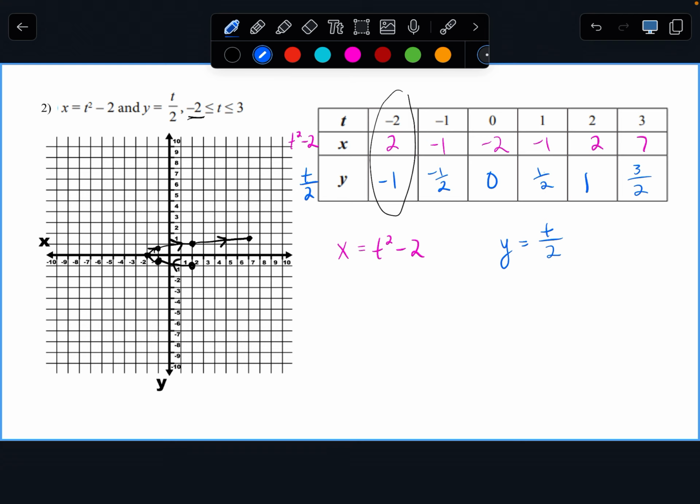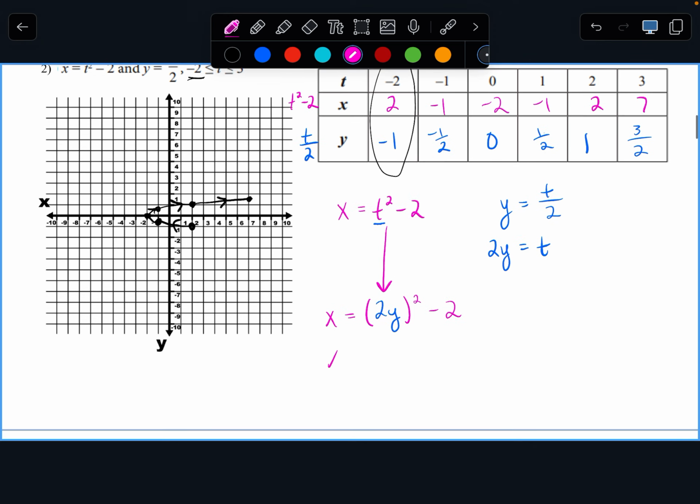So sideways parabolas are usually a hint that maybe you should solve for t in the y equation. So I should solve for t for this guy. And then when I plug it in, I plug in the t here, I get x equals, I'm going to throw this in, -2, so this isn't too horrible, and simplify it out.